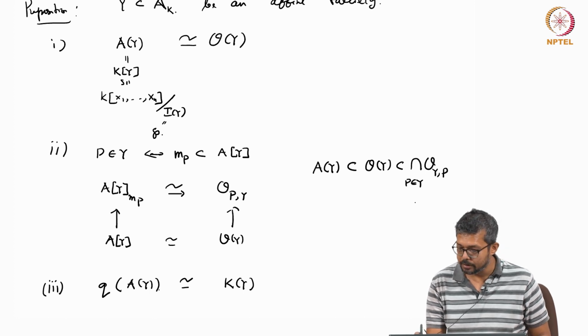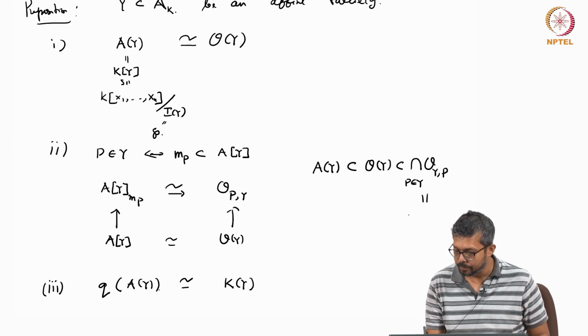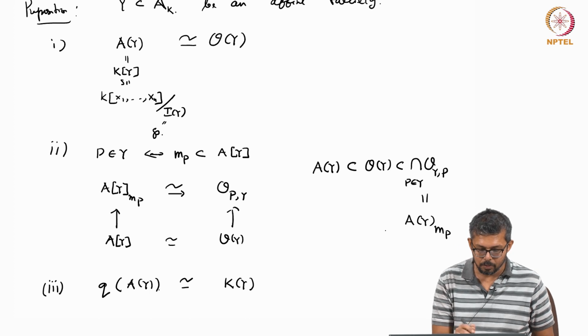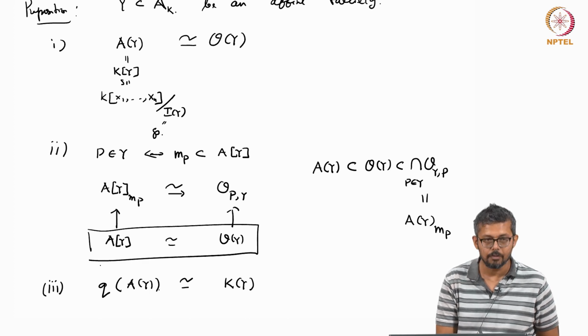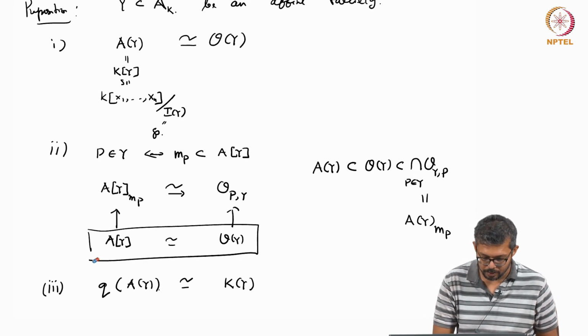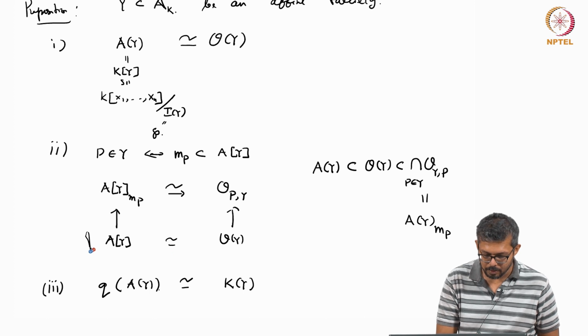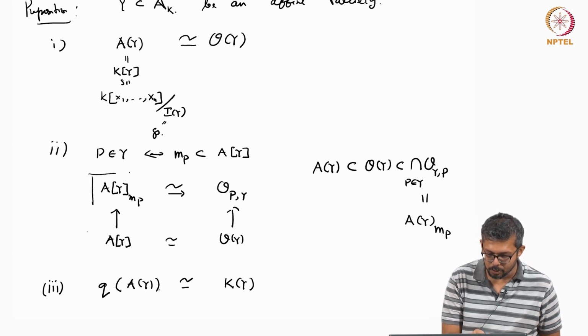And then this is nothing but A(Y) localized at m_P. So first you prove 2. This isomorphism you prove. This is the first step. Sorry, not this one. First you prove this.